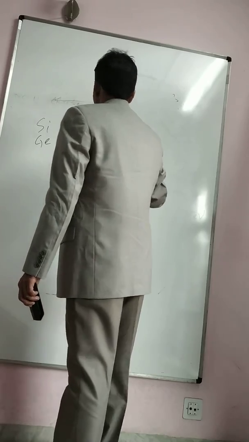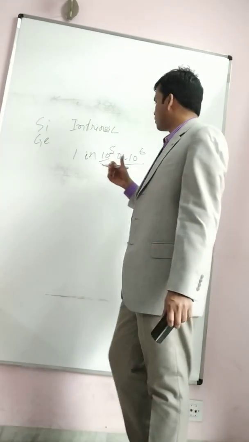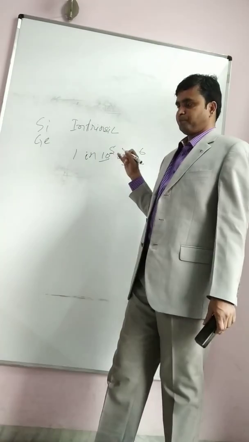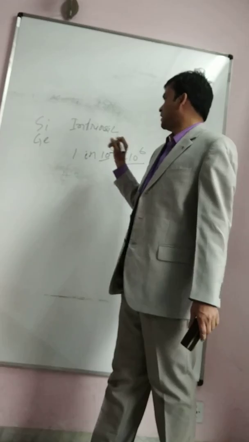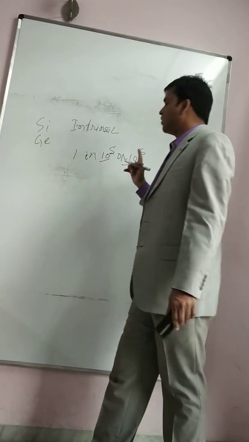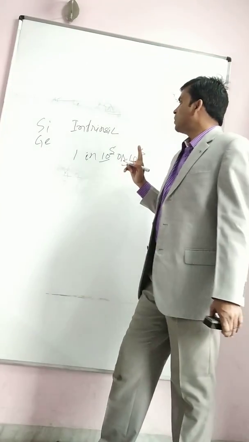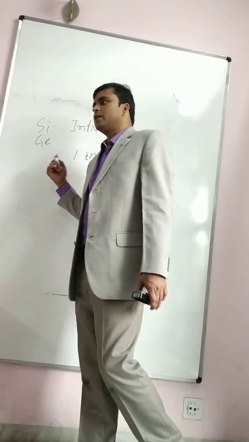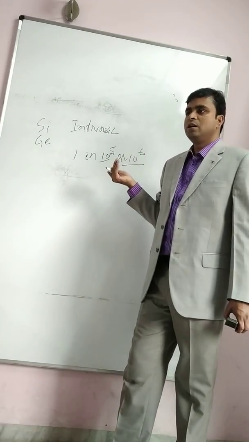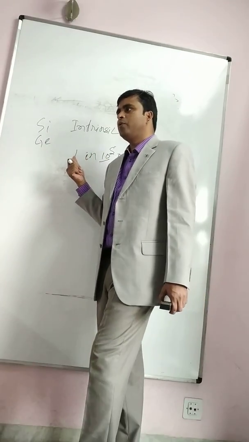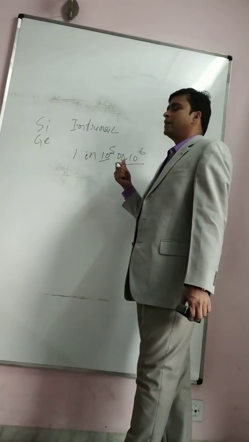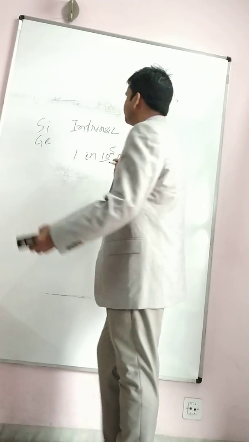Like 1 in 1 million or more atoms of silicon or germanium, we add only 1 atom of the impurity. After adding the impurity, the conductivity of the semiconductor will increase tremendously. A small amount of added impurities can largely increase the conductivity of a semiconductor.